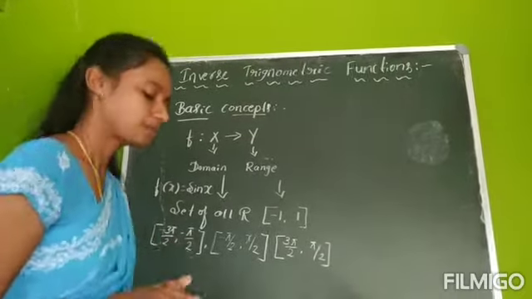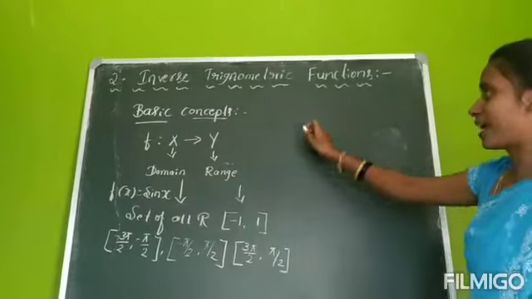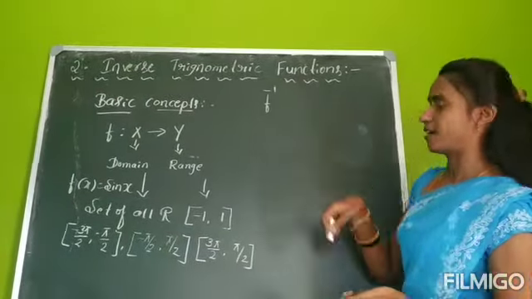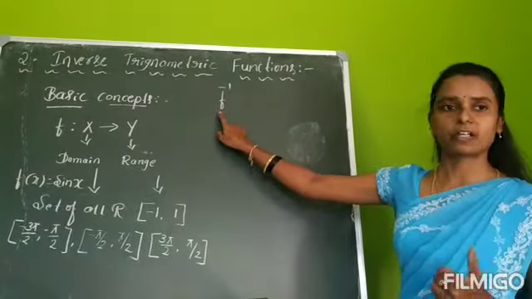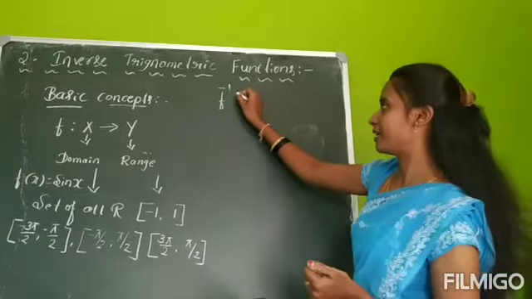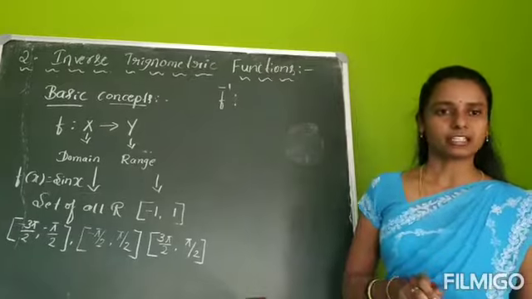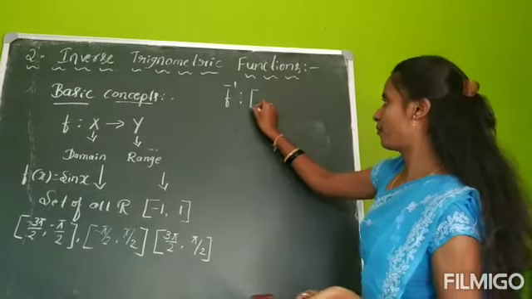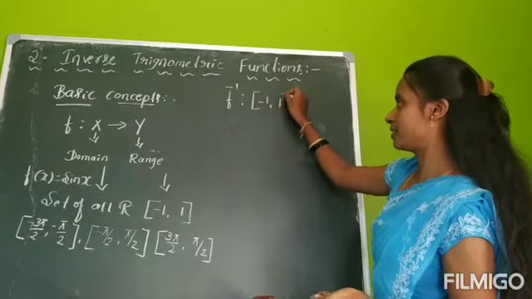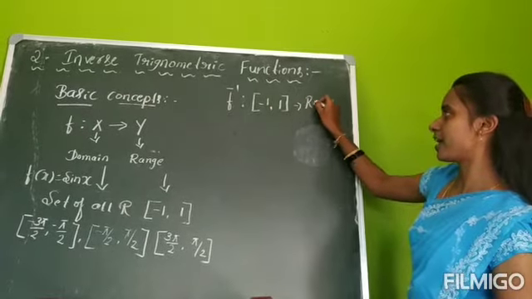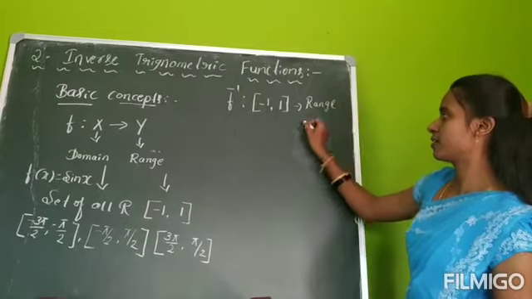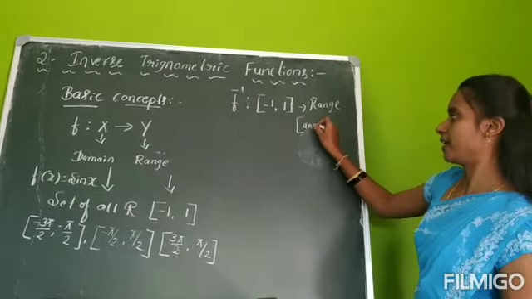This is about the sine function, but we are discussing the inverse of a function. As I said, if the inverse exists, then the function should be one-one and onto. So I'll take that the inverse exists on a domain to a range where I can take any interval.